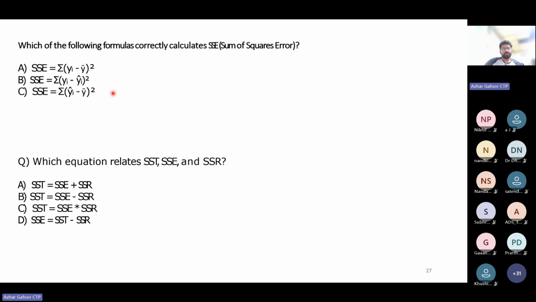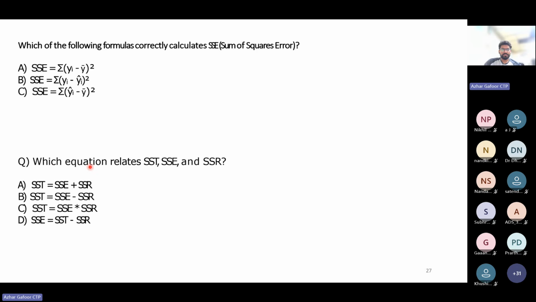So which of the following formulas correctly calculates the sum of squares of errors? If it is errors, we have to think about the true and the predicted quantities. All right. So SSE, we have seen, is option B.